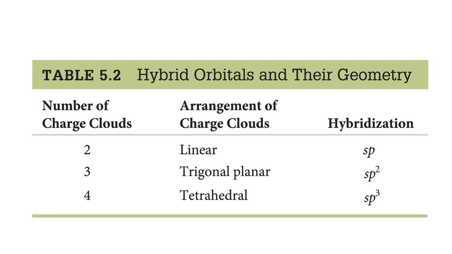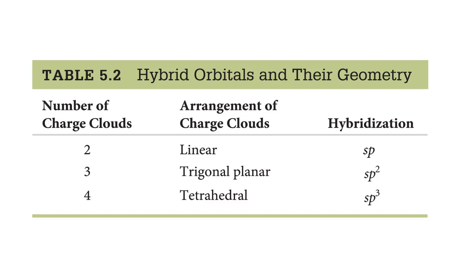So if you need two charge clouds, then you must need two orbitals, which means they must be sp hybridized. If you need three charge clouds, then that's going to be a trigonal planar electron cloud geometry, and it's going to have sp2 hybridization because that's the only way to get three identical hybrid orbitals. And then if you need four charge clouds, that means you need sp3 hybrid orbitals because that's the way you get four identical bonding hybrid orbitals.